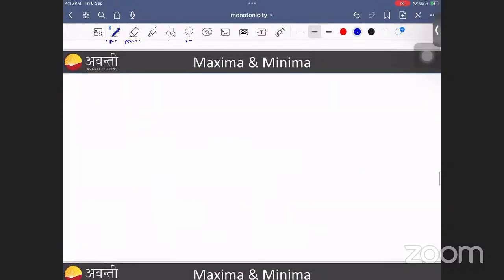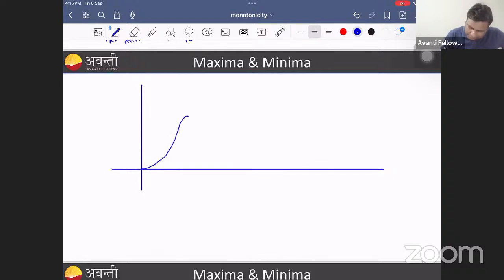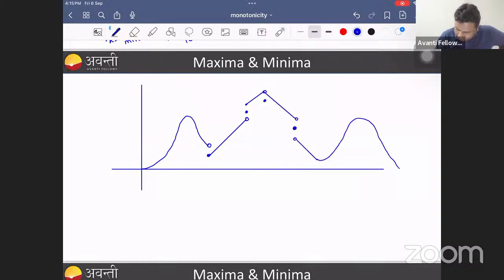Now, let's take an example. See, the graph of a function is something like this. Got it? Graph of a function is something like this.